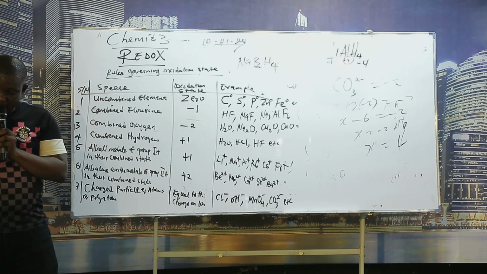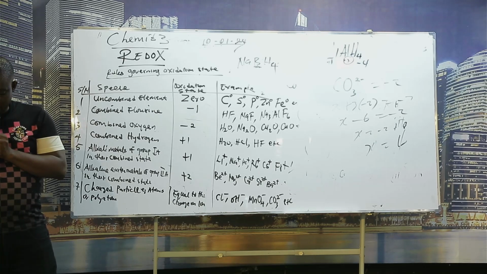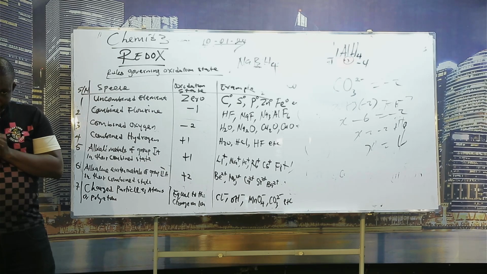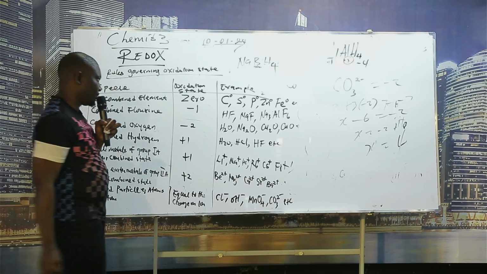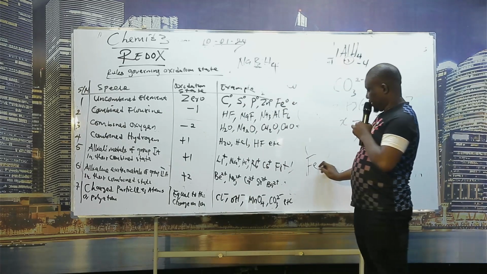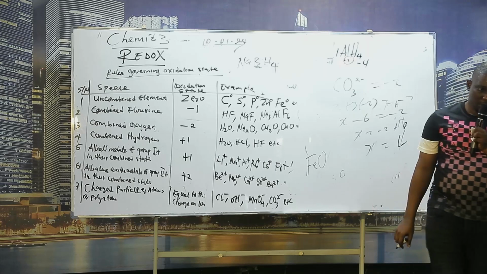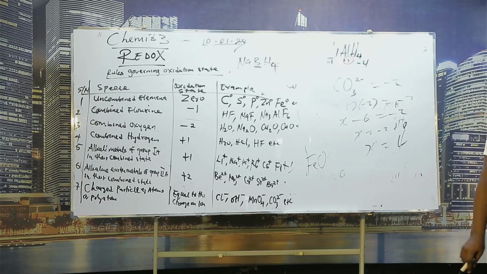Please, sir, how do you know iron is +2 or +3? Okay. We're getting to it. This is iron, isn't it? And I have O. Oxygen combined, remember the rule, will always be what? -2.